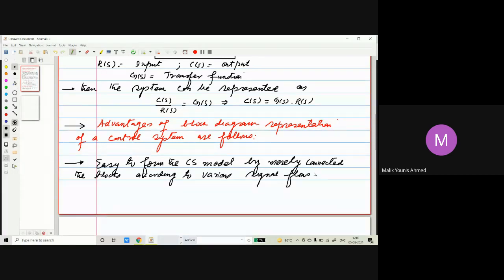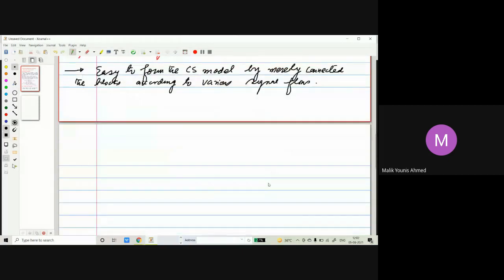So you have subsystems, you connect them according to the sequence of events, and you form a control system. So it is very easy to represent a control system.